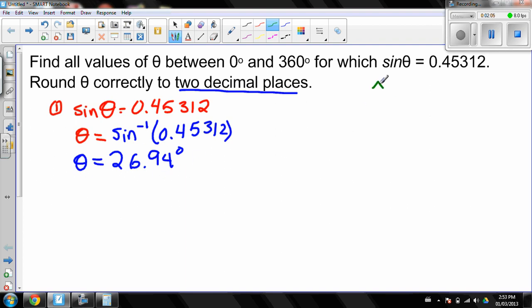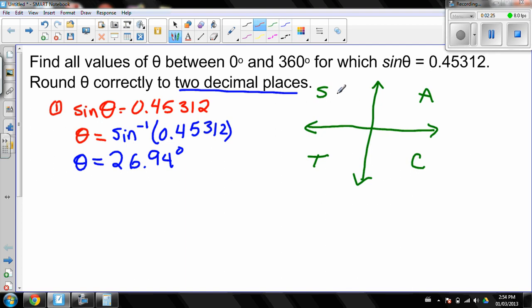Now the problem that comes about in pre-calculus 30 is we have 4 quadrants to worry about, and in each quadrant the values are different based on our CAST rule, C-A-S-T. We can see that sine is positive in not only our first quadrant, but our second quadrant as well. So I wind up with 2 scenarios happening.